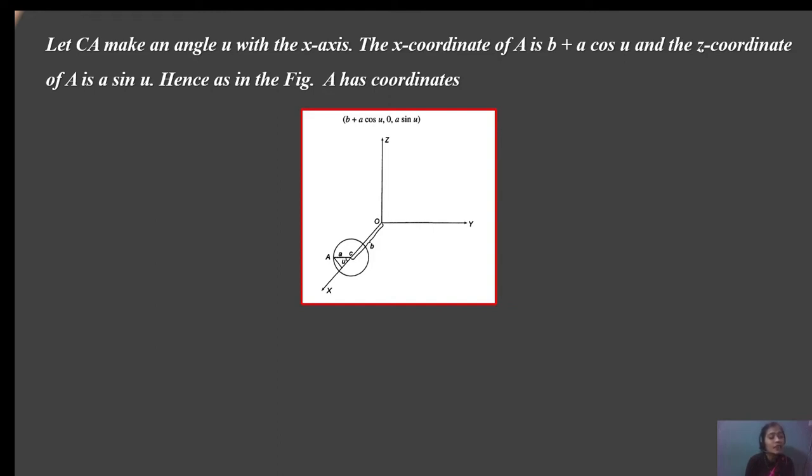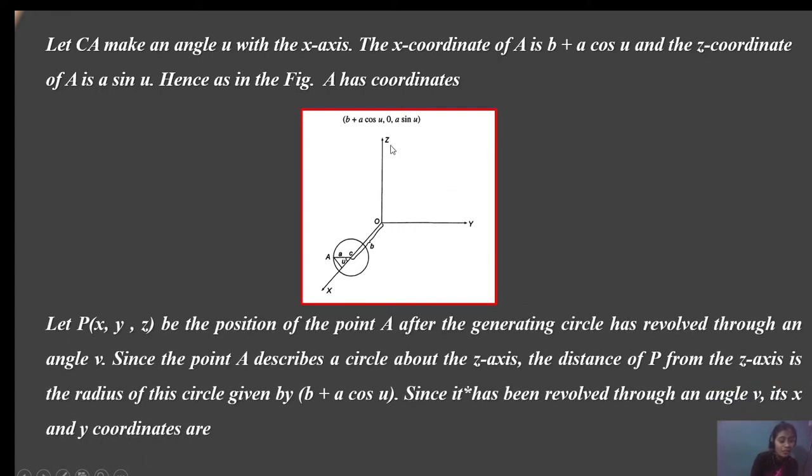So the coordinates of the point are (b plus a cos u, 0, a sin u), and y is not considered.